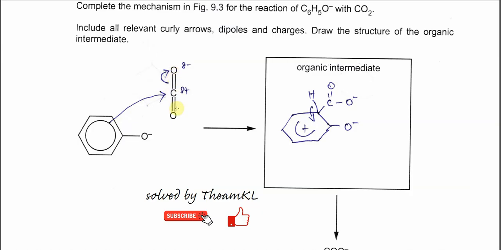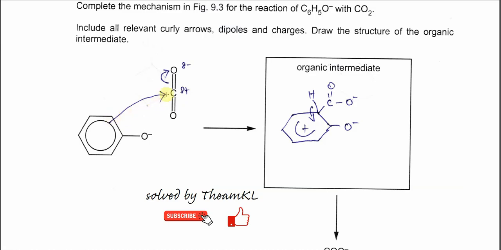In this CO2, oxygen is more electronegative, so it's partial negative. You need to put a partial negative charge here and a partial positive charge on the carbon. So this pair of electrons will donate to this C and form a new bond. You need to put one arrow from the benzene ring pointing to this carbon, right? Because it's a new C-C bond forming.